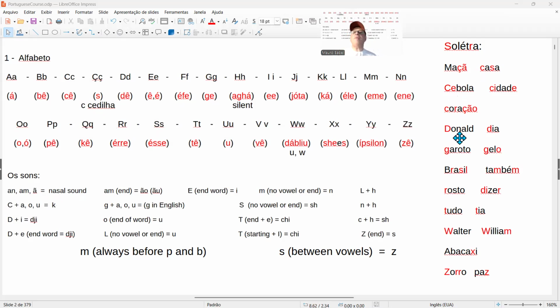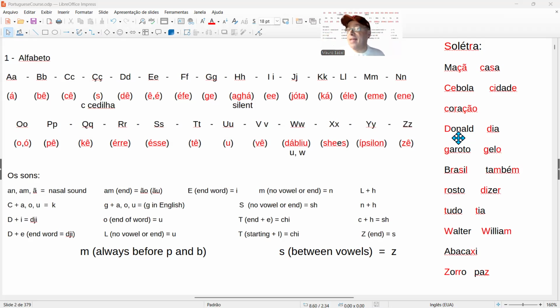Maçã. Go, repeat. Maçã. Again, maçã. Maçã is apple. Don't worry about memorizing these words now. You're not supposed to. This is only for us to practice sounds, right? That's the idea.